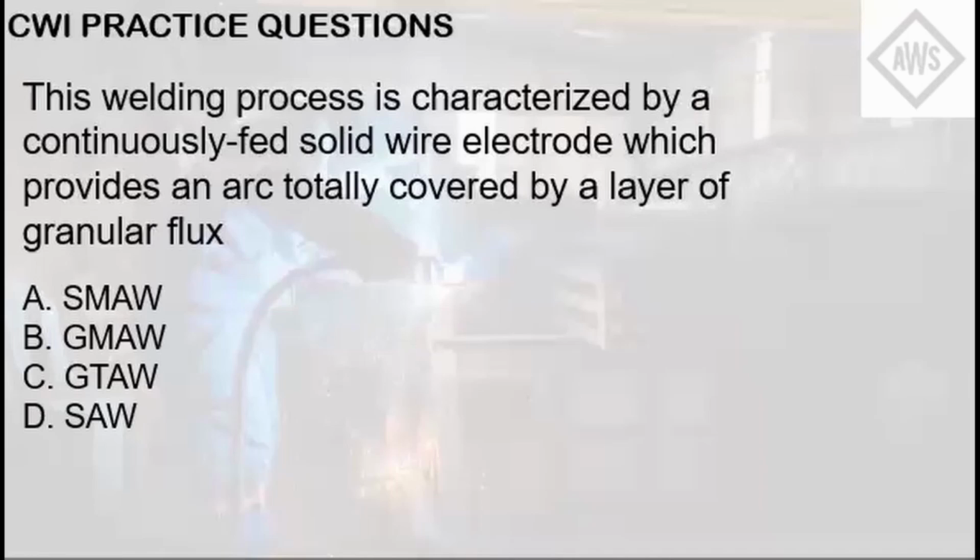A welder is not needed here, but an operator, to set the speed of the wire feeding and the travel speed of the solid wire. The flux here is automatically consumed, forming a layer over the weld. So the answer here is letter D, SAW or submerged arc welding.